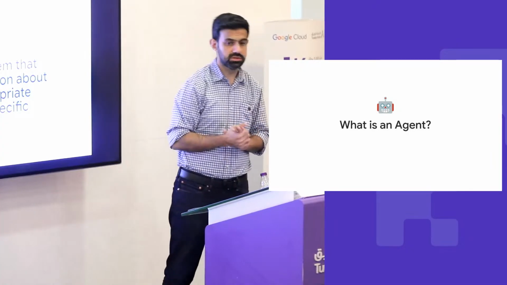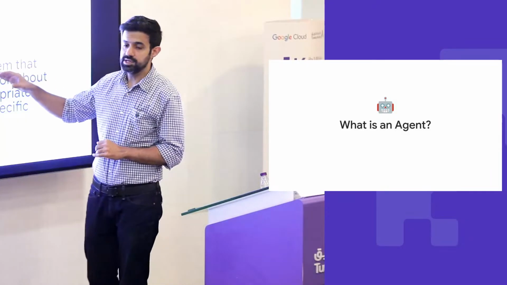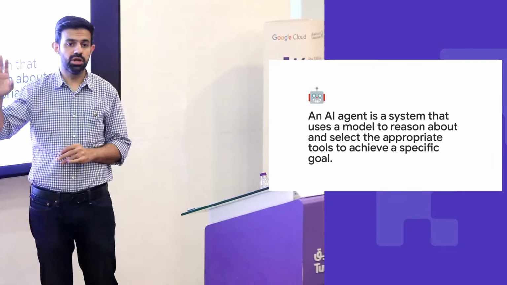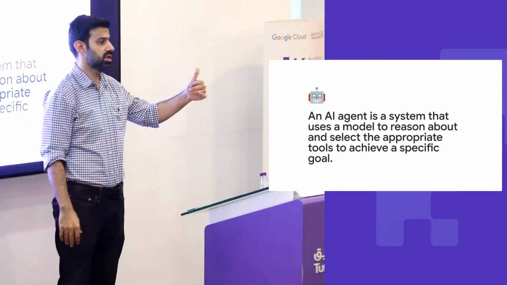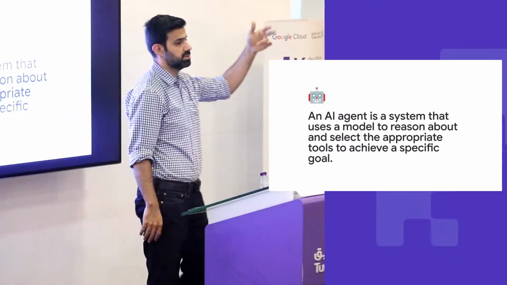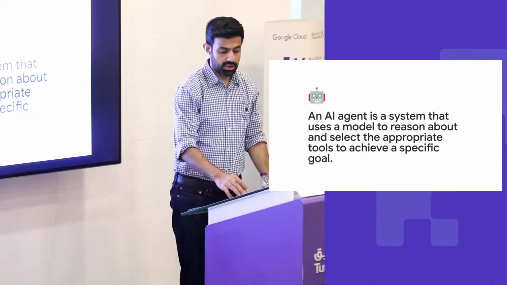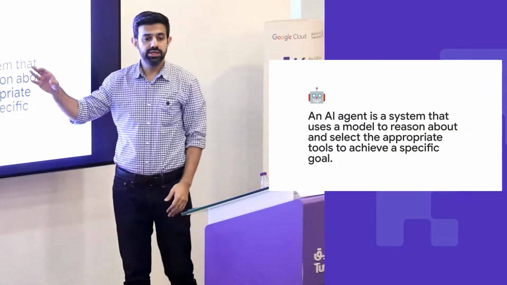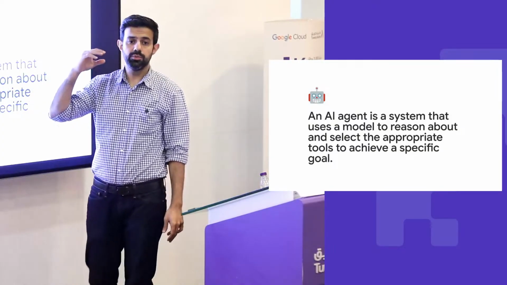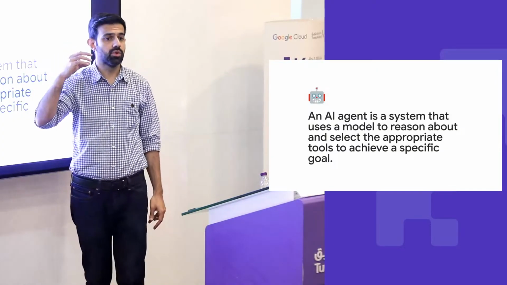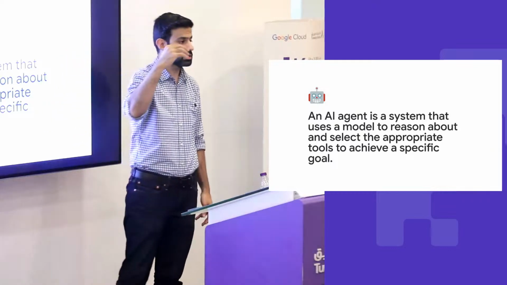What does this mean? One, an agent does need a model. This model is an LLM. Could be Gemini, could be Llama, DeepSeek, you name it. Could be any large language model. Why does it need that model? In order to make it reason and go into the details of what actions it needs to take.